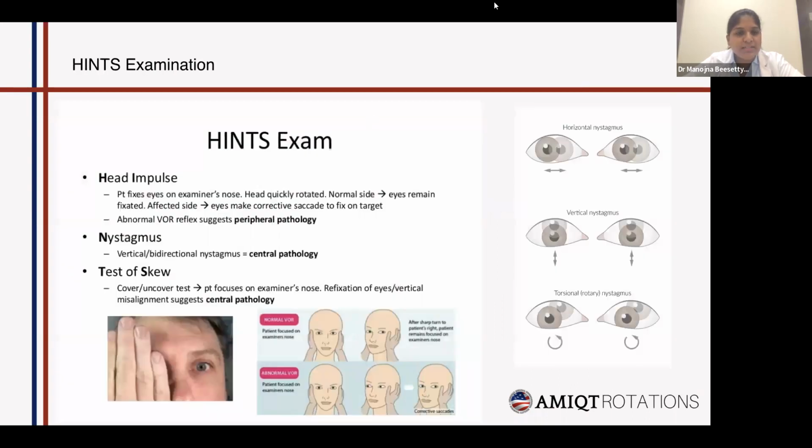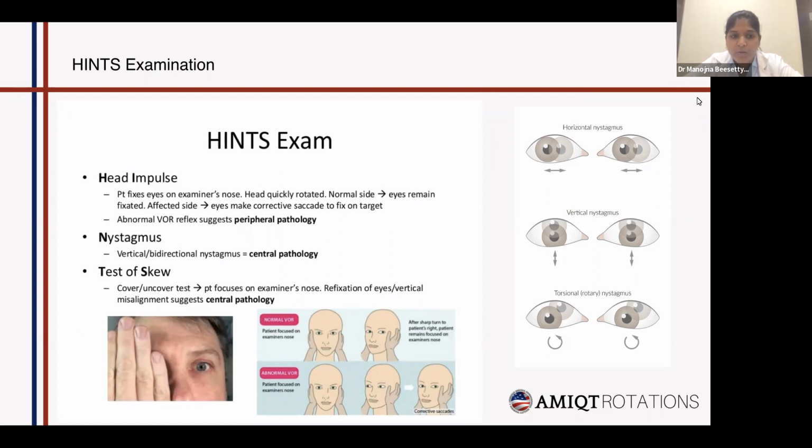Going deep into the HINTS examination, the first part is the head impulse test. It evaluates the vestibulo-ocular reflex. To start with the procedure, the patient should be asked to sit up straight on a table, then quickly rotate the head about 10 degrees towards the side of the vertigo. In a normal head impulse test, the patient is able to maintain the central gaze fixed.